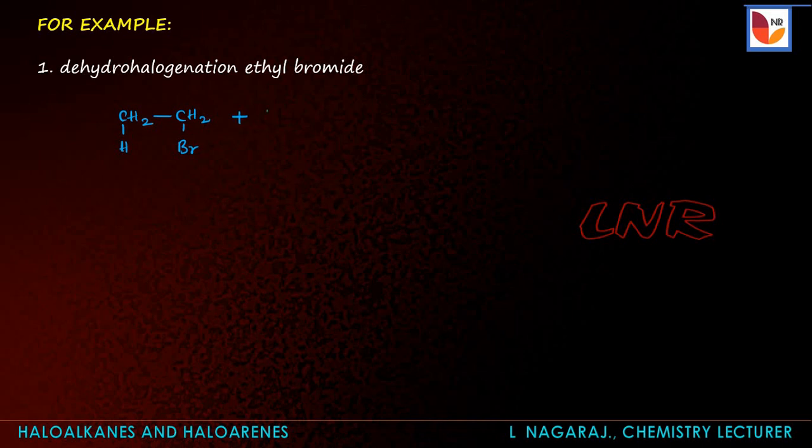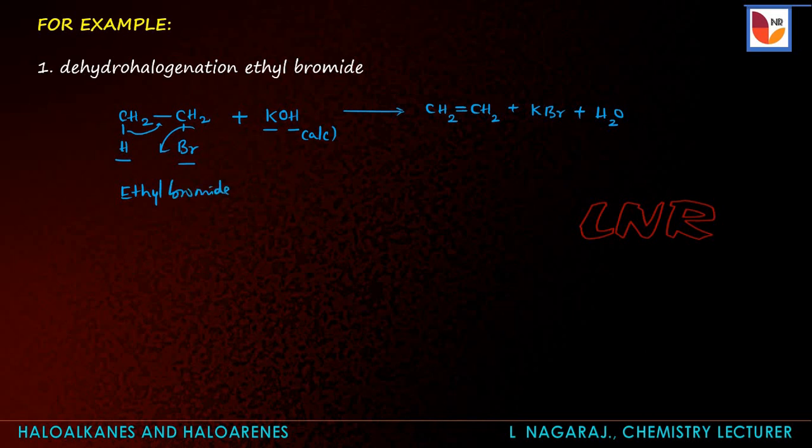When ethyl bromide reacts with alcoholic potassium hydroxide, it undergoes dehydrohalogenation, so it gives the product CH2 double bond CH2, plus potassium combines with the halogen to give KBr, plus hydrogen combines with the hydroxyl group to give H2O. So ethyl bromide reacts with alcoholic potassium hydroxide to give ethene.